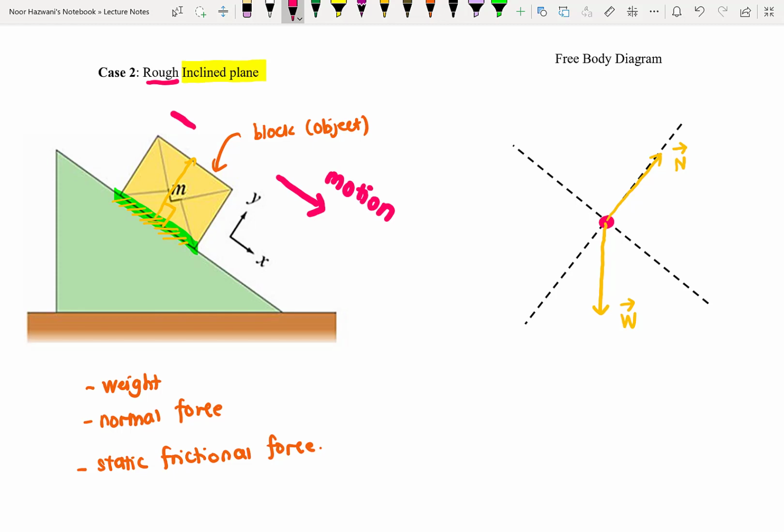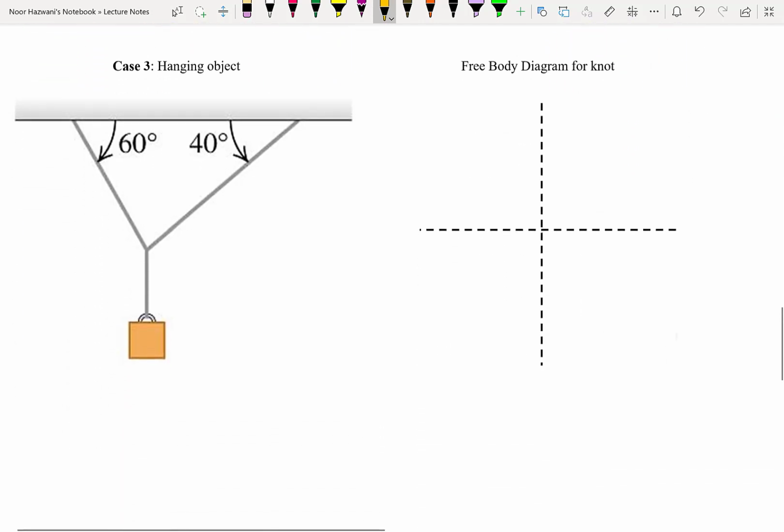So your Fs should be in this direction. Okay, so we just copy. So actually the arrow for static frictional force is here. Don't forget to label vector F subscript S. So we're done drawing for case number 2. And then we proceed to the next case.